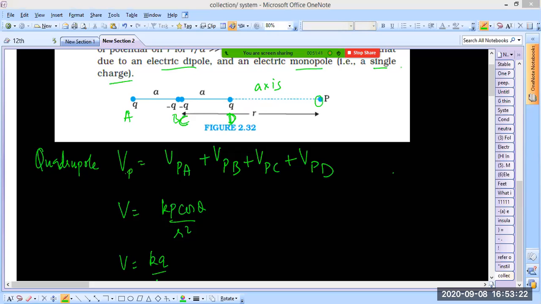It's not a vector, so it's going to be quite simple. So that's how you have to do it.